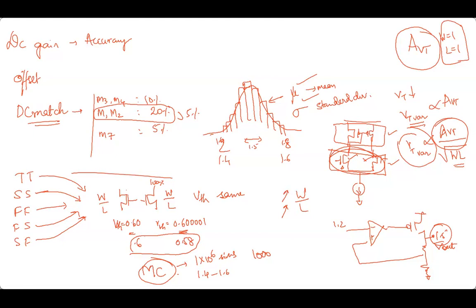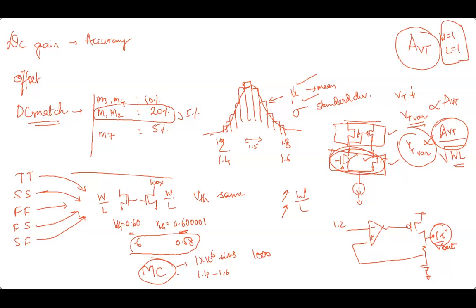There is a parameter called AVT. Your variation of the VT is directly proportional to AVT. The more the VT varies of your devices, more is your distribution width.